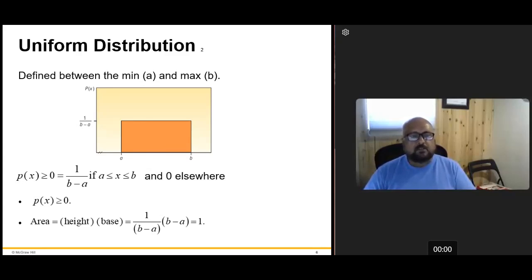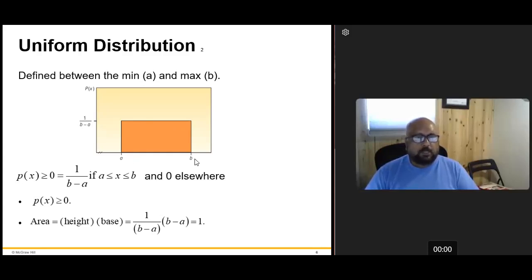And what is the standard deviation? It measures the dispersion of the distribution with respect to the mean. The probability density is given by 1 divided by B minus A. And what is the area under the curve? It is a rectangle, so length multiplied by width, or base multiplied by height.